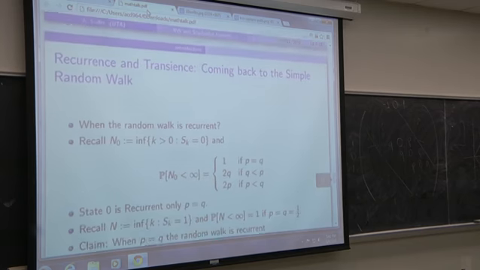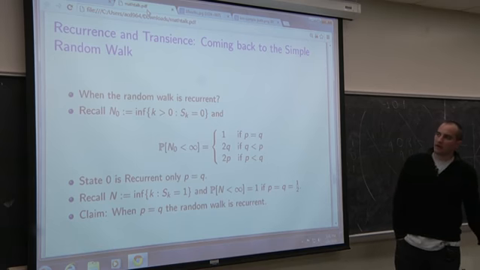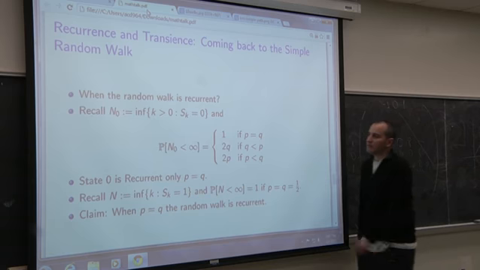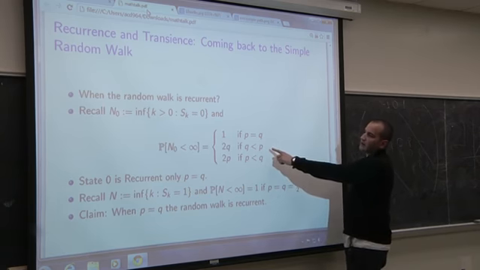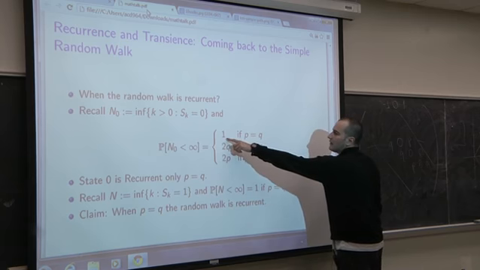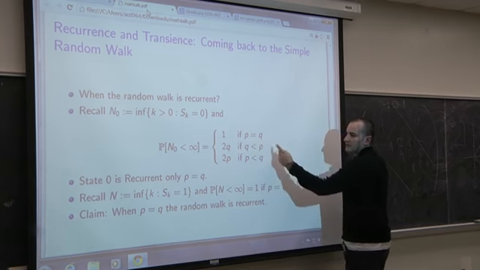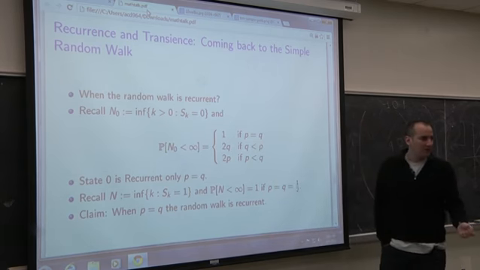And then we can come back to our random walk and ask when the simple walk is recurrent or not. Well, if I have the first return to 0, I know that it is almost surely finite only in the balanced case. So I only have a chance of recurrence there.